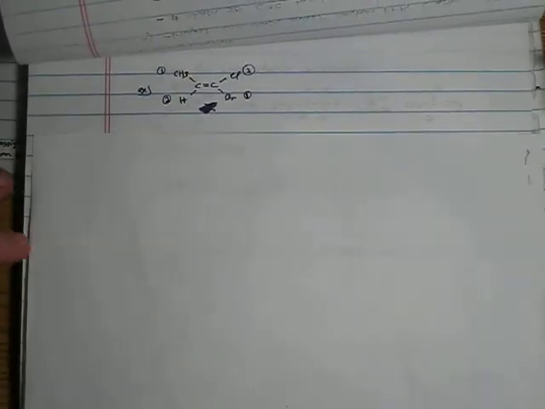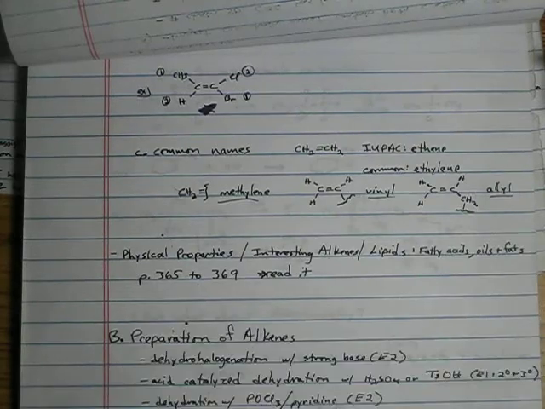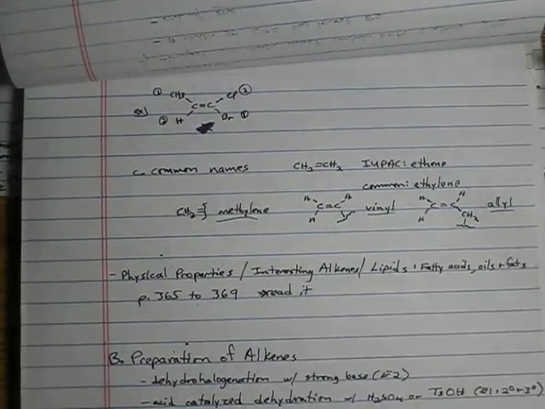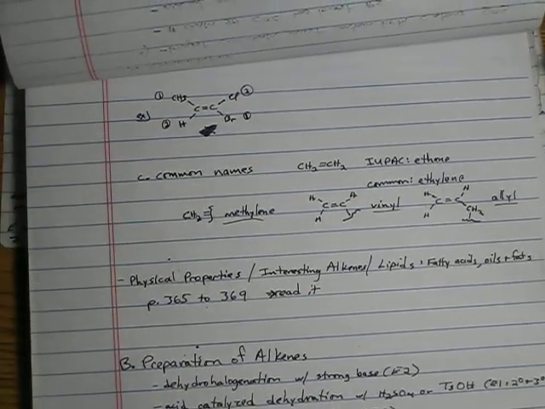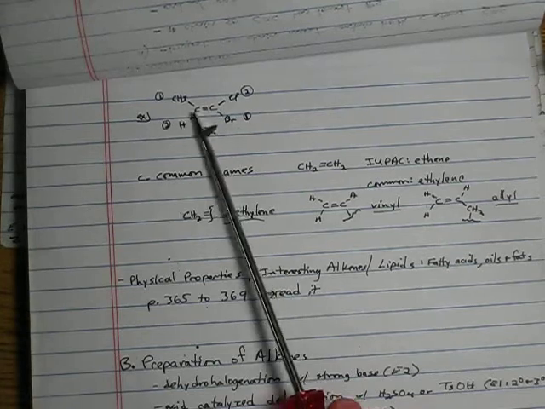Okay, let's finish up this video with a few examples. Let's look at this molecule right here. Is this the E or the Z isomer? Well, look at our two carbons.